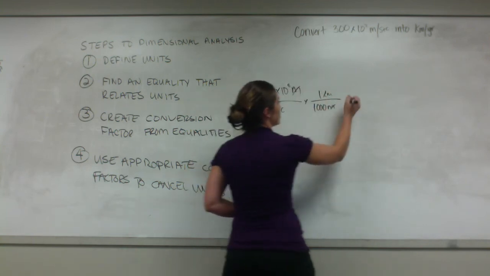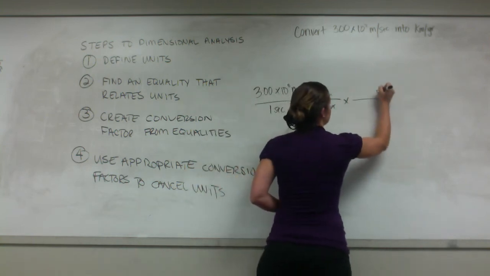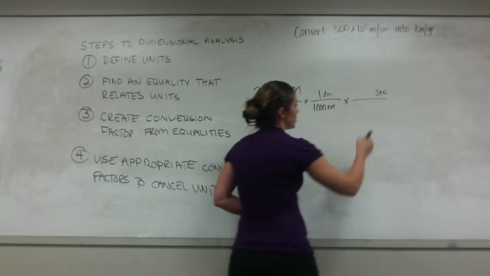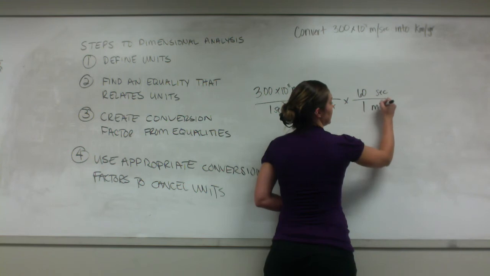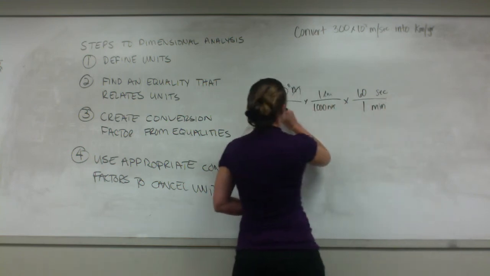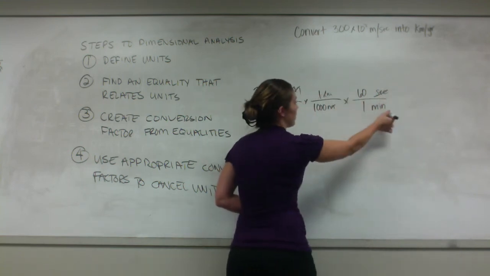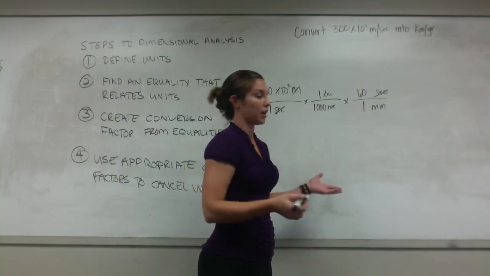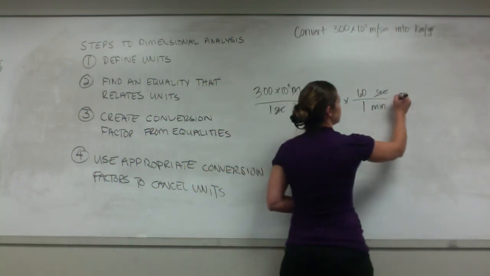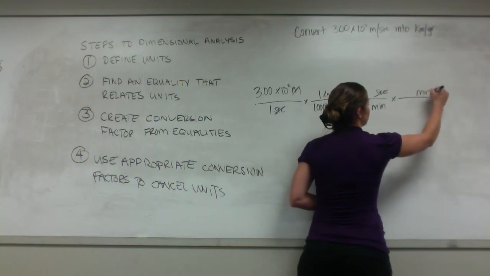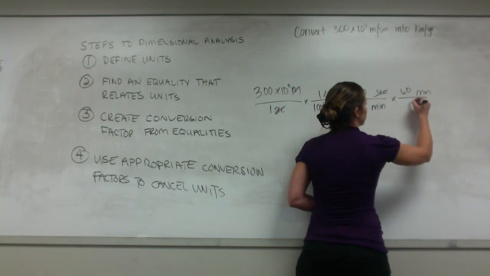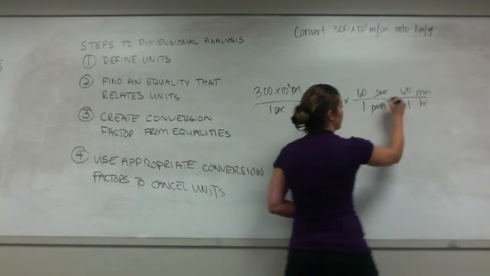Okay, so seconds are on bottom, so now we need seconds to be on top. So we know there are 60 seconds in 1 minute. So now we're in kilometers per minute, but we want kilometers per year, so we have to keep going. We have minutes on bottom, so we need minutes on top now. There's 60 minutes per 1 hour.